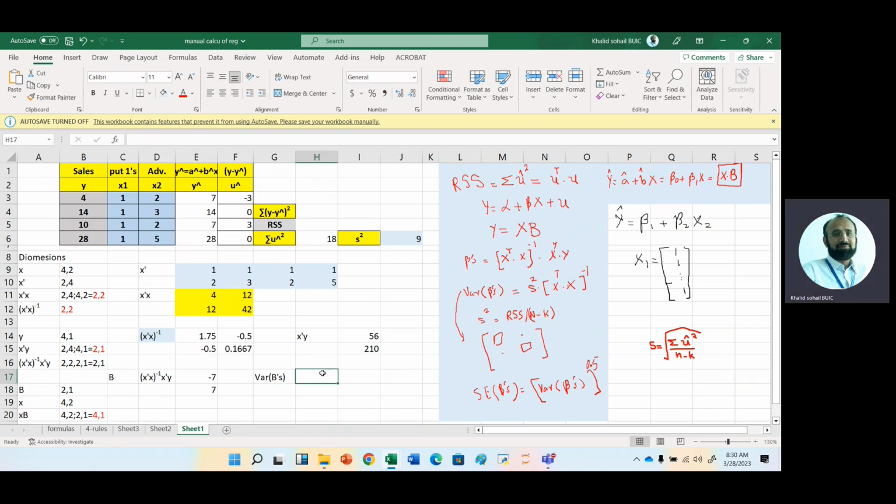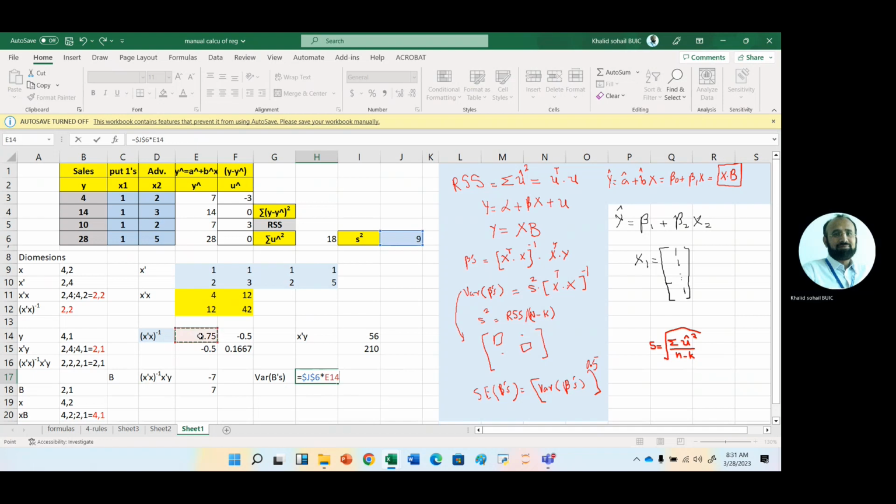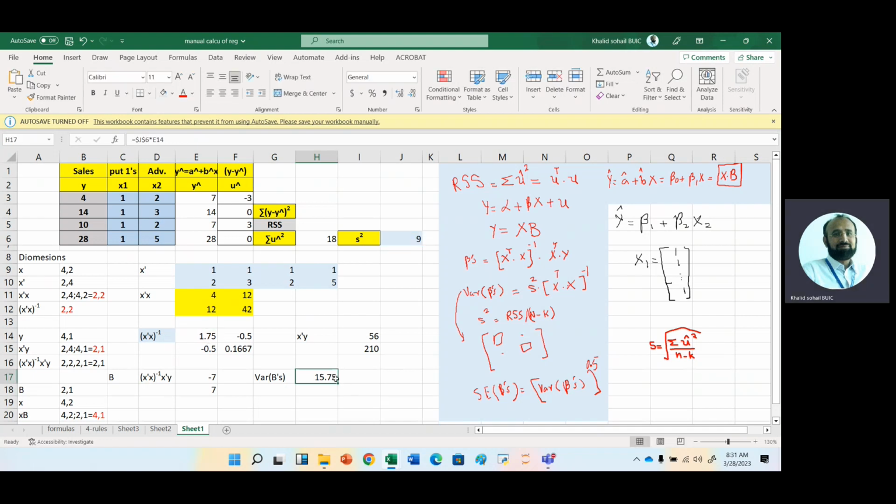First we locate space, and we already have this matrix, so we don't need to locate space. We simply multiply this S square, fixing it, by this matrix, and just copy it to the next cell and copy it down.